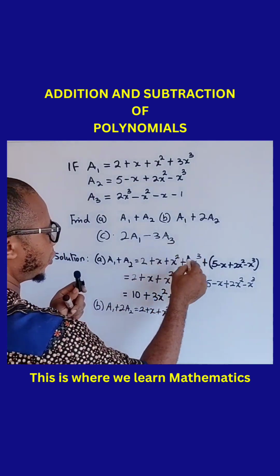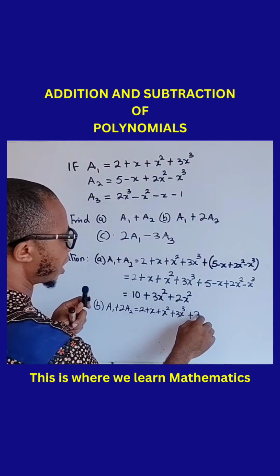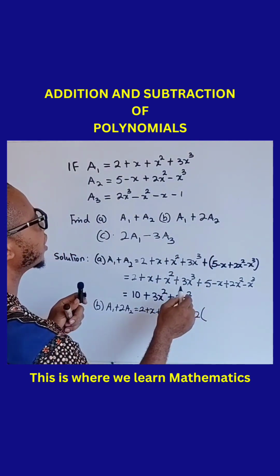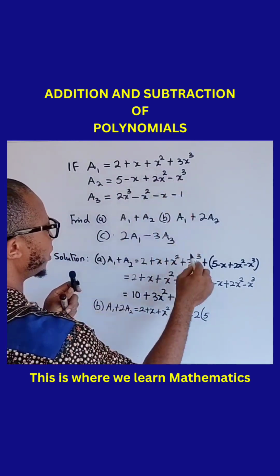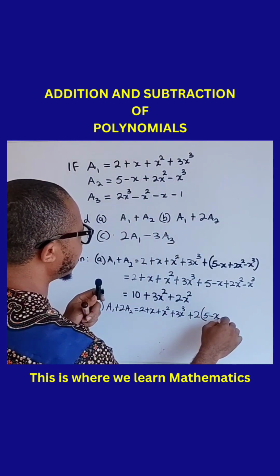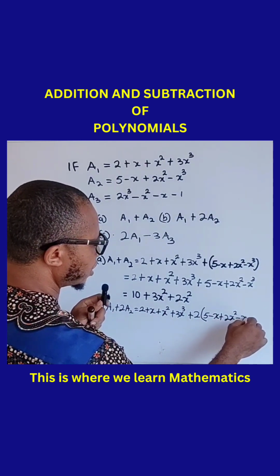Now plus a2 is multiplied by 2, so let's put down the 2 and open a bracket, then bring in a2, which is 5 minus x plus 2x squared, then minus x cubed.